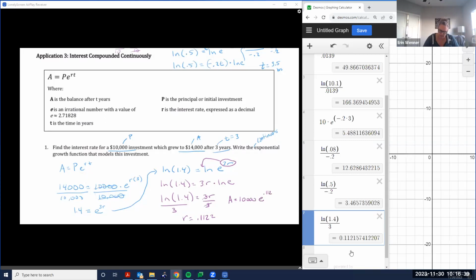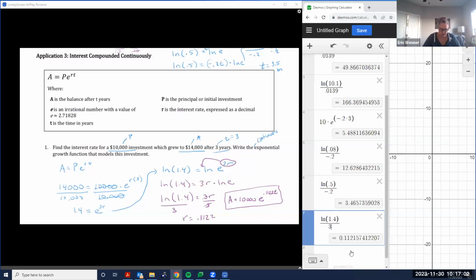And that would be the very final model that we would use for this investment, so that any time we're trying to find how long it takes to get to a certain value, or if we invest for a certain period of time, what would our value be? This would be the model that we would use now that we know our interest rate.